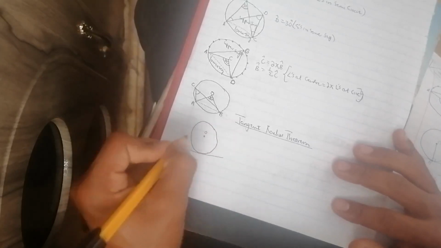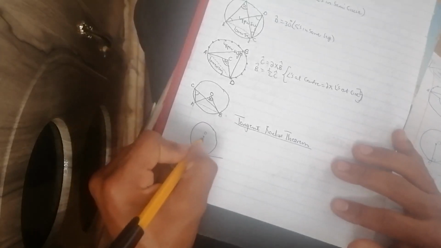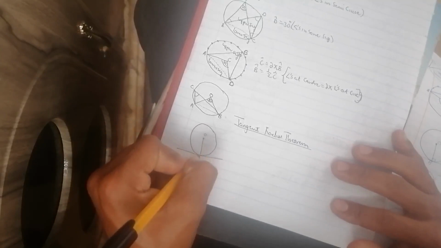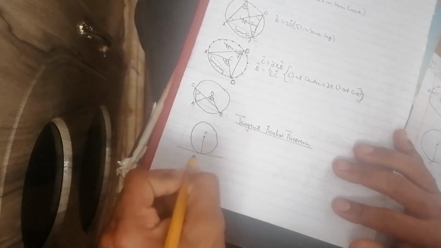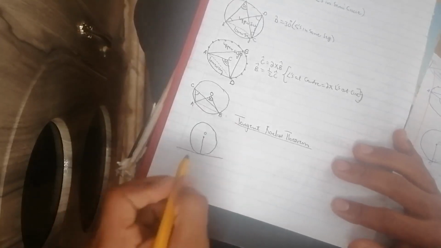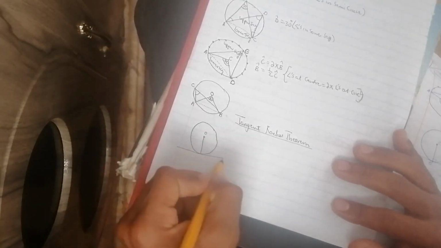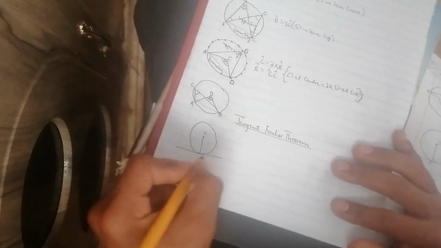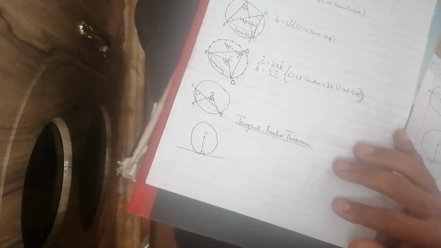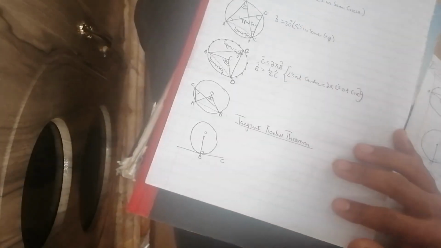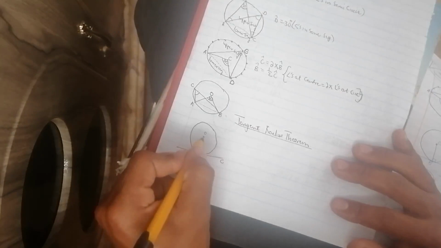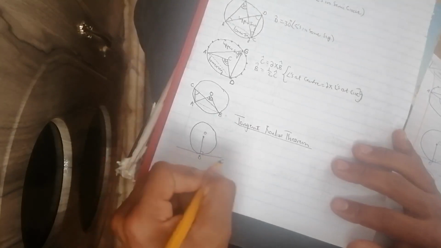You have the center, and here is a radius, because the radius is the distance from center to any point on the circumference. But in this case, the radius is perpendicular to a tangent, meaning they produce an angle of 90 degrees. So let's say you're having a line that comes from the center that is perpendicular to the radius.